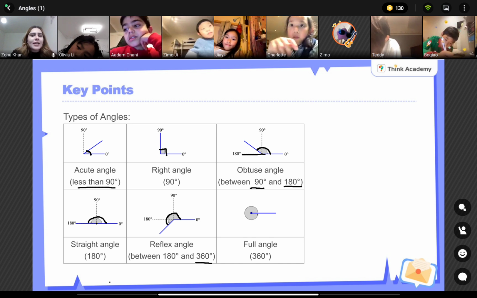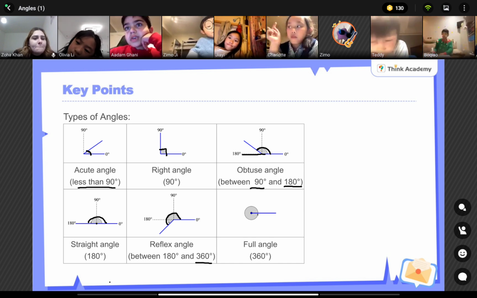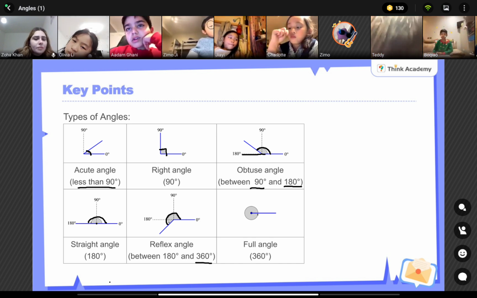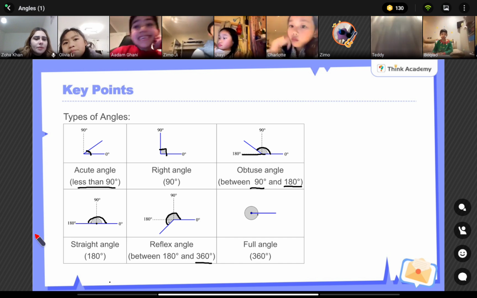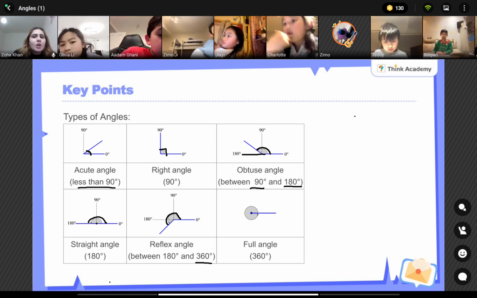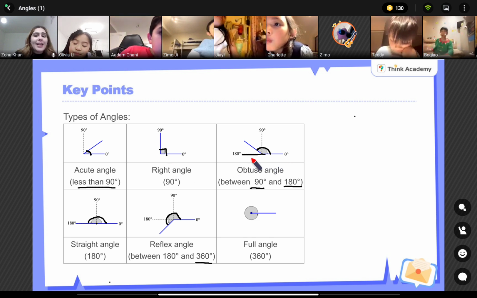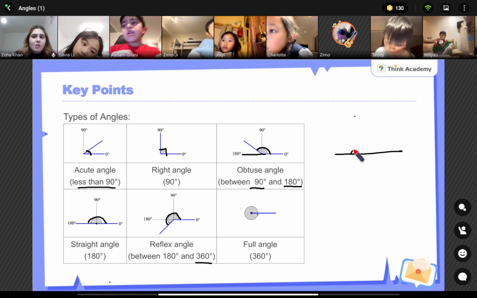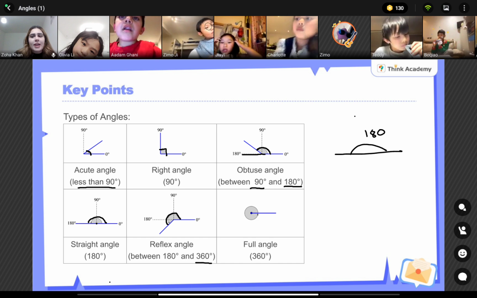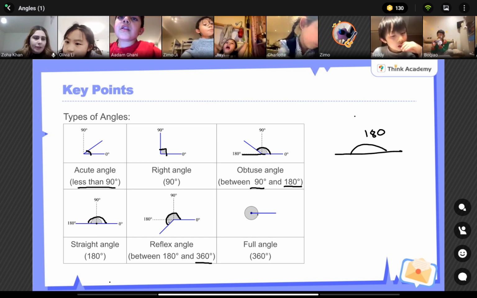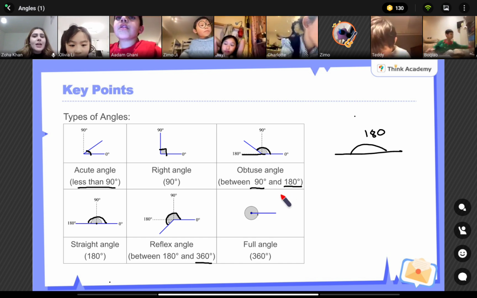Alex, can you tell me what is an obtuse angle? It's an angle between 90 and 180. Good. So it has to be bigger than a right angle, bigger than 90 degrees, but less than a straight line. Remember, a straight line is 180 degrees, so it has to be less than a straight line. Good. Olivia, what's a reflex angle, please?